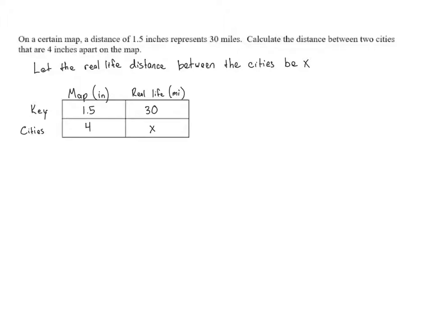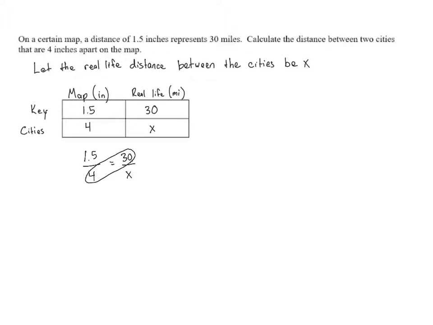Now, the major benefit to using this table is that once we filled in the table, we can move the numbers down and put them in the proportion exactly where they are in the table. This gives us 1.5 over 4 equals 30 over x. And once we have the proportion, we can solve for the value of x. Now, we can solve proportions by cross-multiplying.